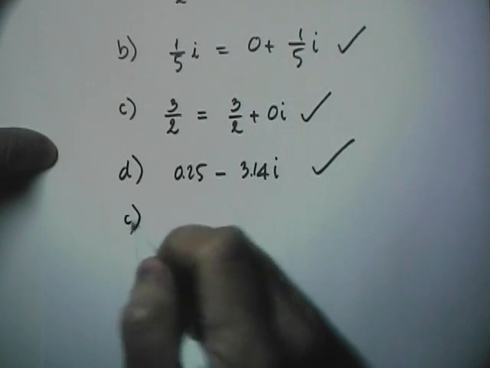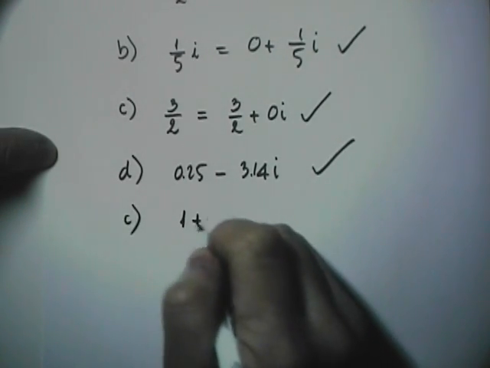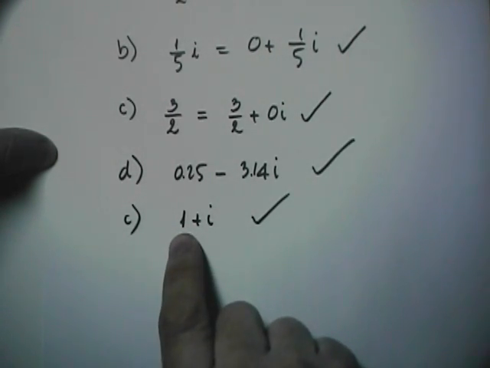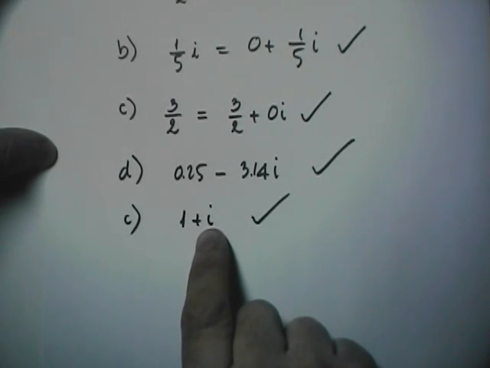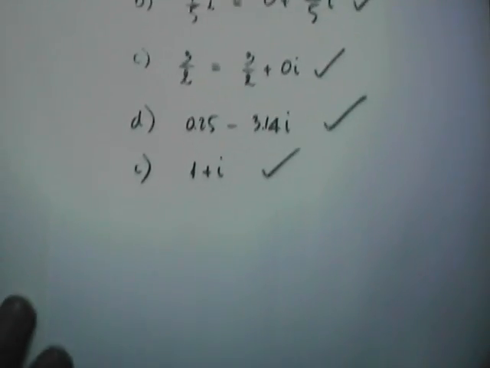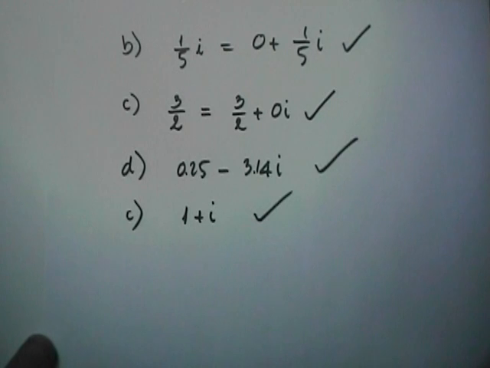So one last easy one for today: 1 plus i. Is that a complex number? Yes. The real component is 1 and the imaginary component is 1i. Alright, so that is the basic idea of complex numbers and imaginary numbers.